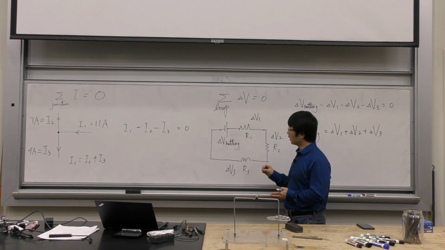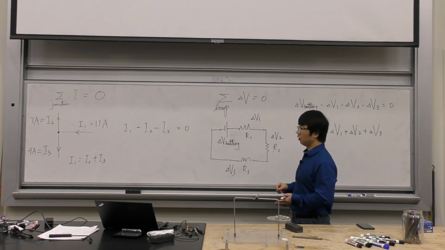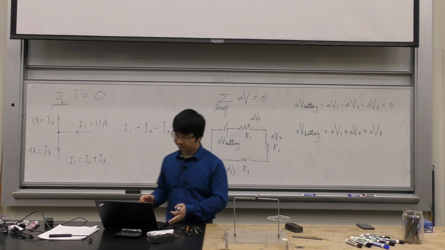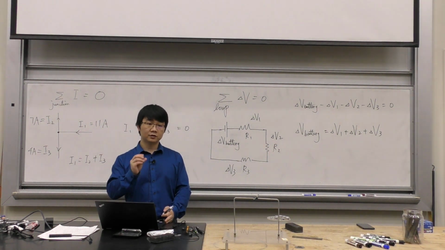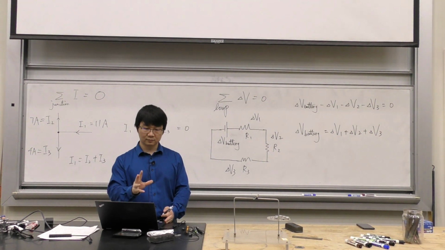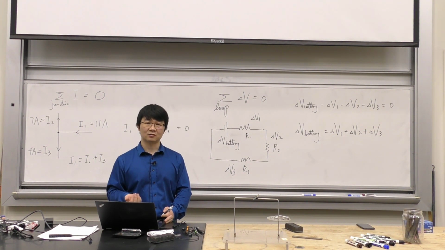Then how do I decide the sign of each voltage, so I know how to write it down? Take a look at the rules at the bottom. The ground rule is this: when you cross an element, you determine whether the potential goes up or goes down.